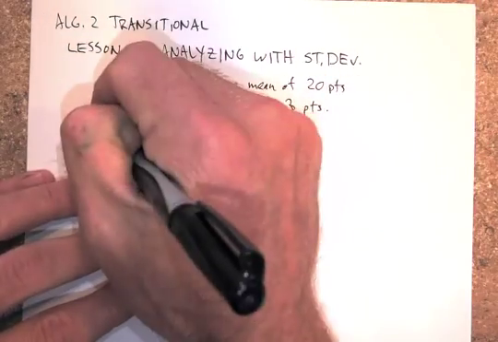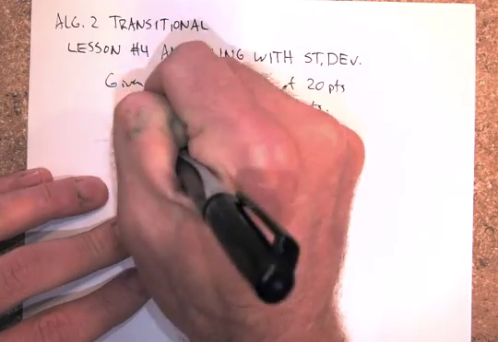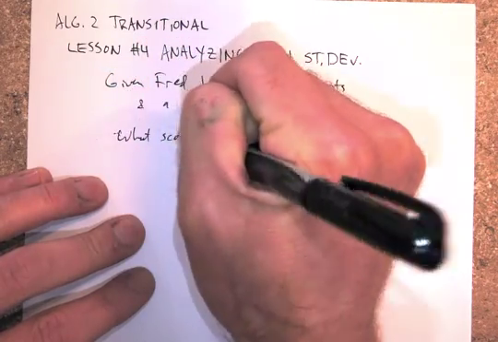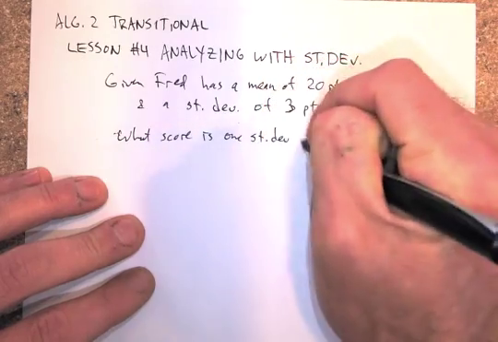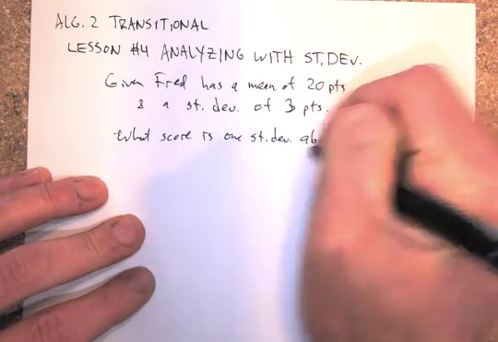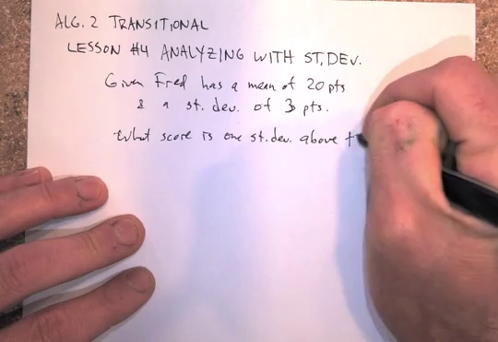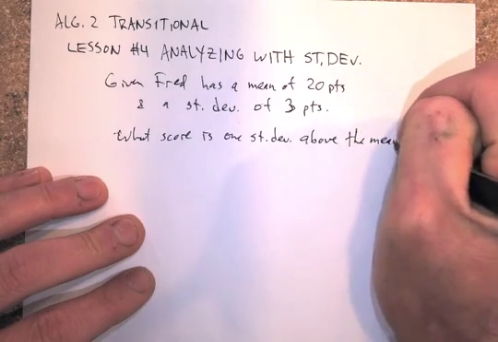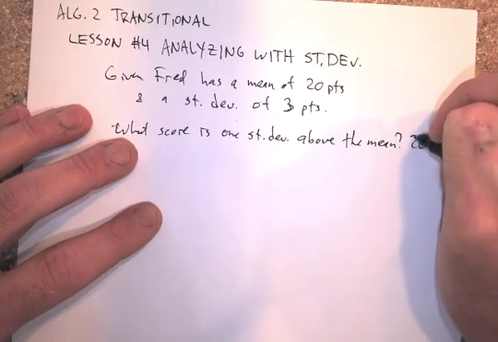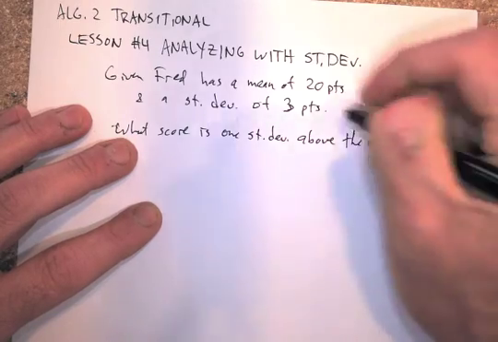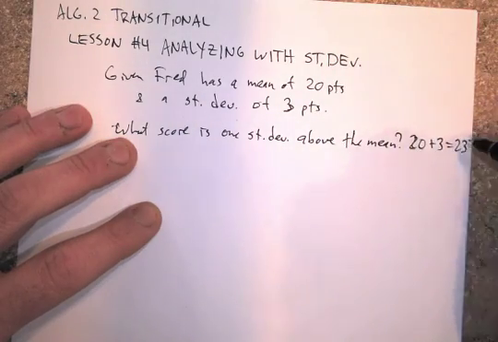Okay, so here's the question. What score is 1 standard deviation above the mean? And that's actually a pretty easy question. Take your mean, go 1 standard deviation above, so add on 1 standard deviation, we're talking 23.